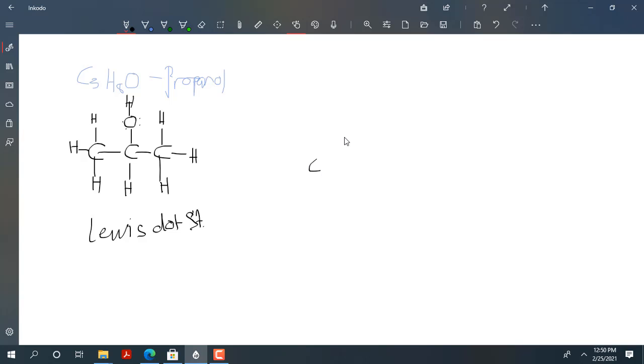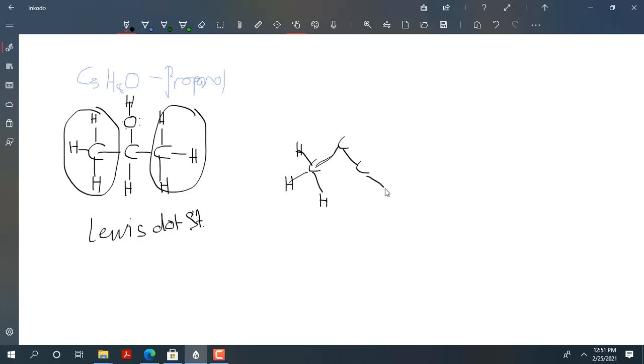I have C here, C here, and C here. This is my carbon, and the carbon here has 3 hydrogens attached to it, so I'm going to draw those hydrogens. On the other side there are also 3 hydrogens. If I redraw it, hydrogen here, hydrogen here, and this remaining hydrogen here.